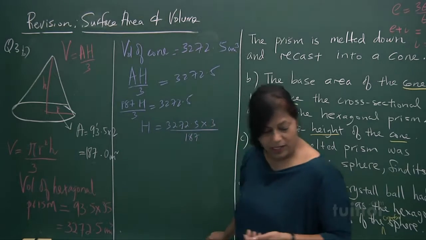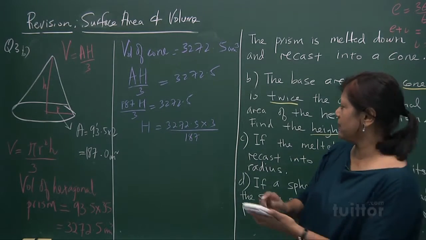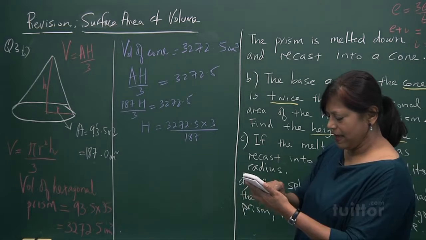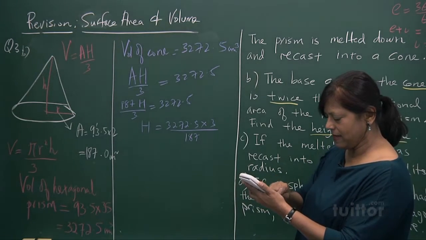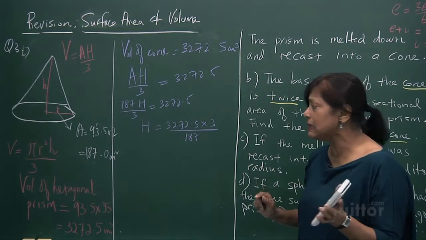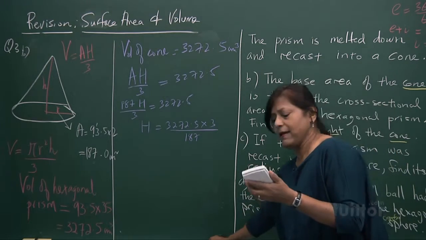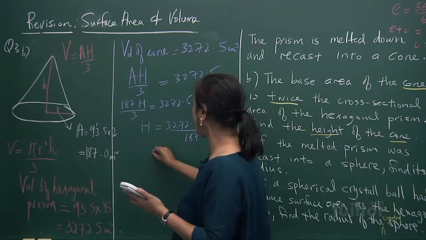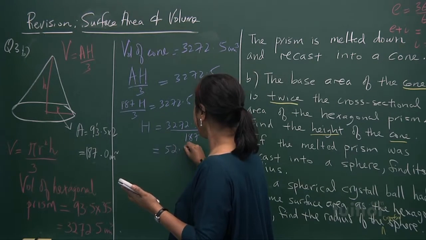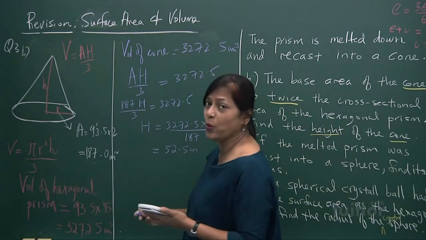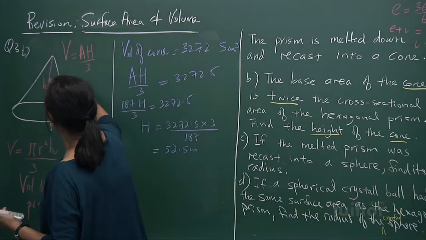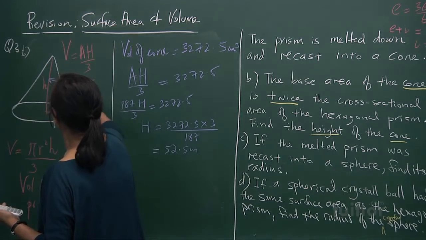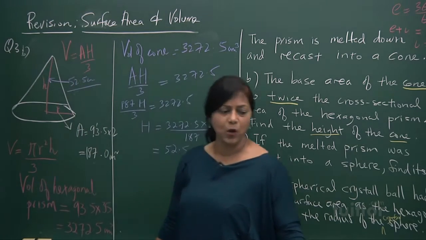So that calls for the calculator again. You're going to multiply by 3 and get the answer, divide by 187. Yes, a very neat answer. The height is 52.5 cm. That's the height of the cone.